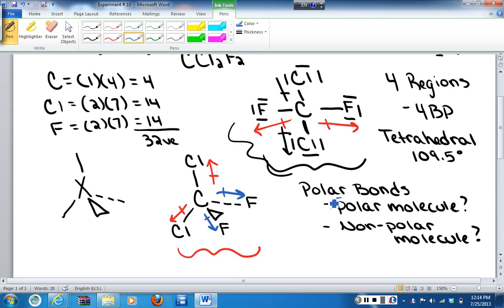So this would end up being a polar molecule. So one of the things that you have to be careful of is you can't just look at the Lewis structure, because sometimes you have to consider the entire 3D molecule. So make sure when determining polarity, whether or not you have a net dipole moment, you always at the end consider what the 3D model looks like.